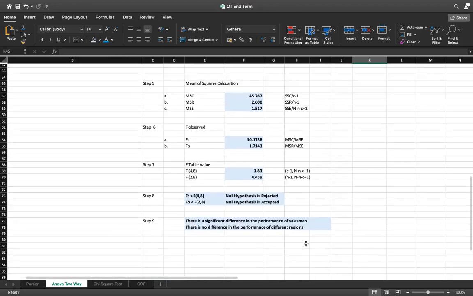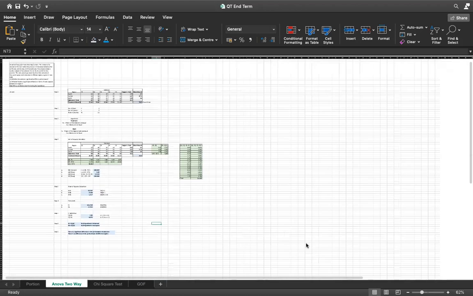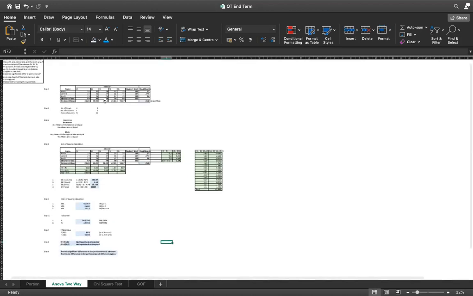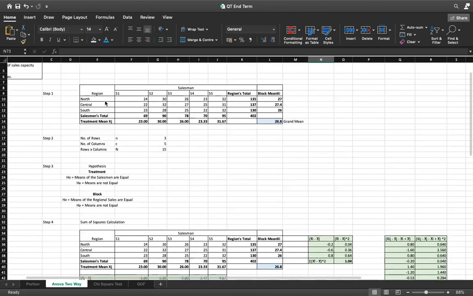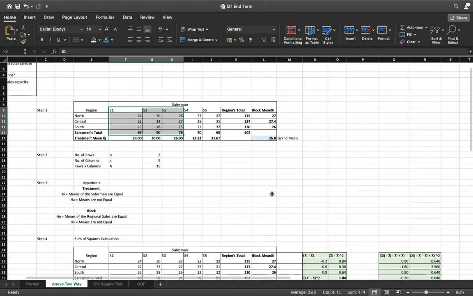So this is the entire ANOVA test. I would suggest you all to make a template already. Probably solve it once, or have a template. Take a table which has bigger values, like 5 comma 3 or something, because even if you're using the first 3 columns, your entire solution stays the same.